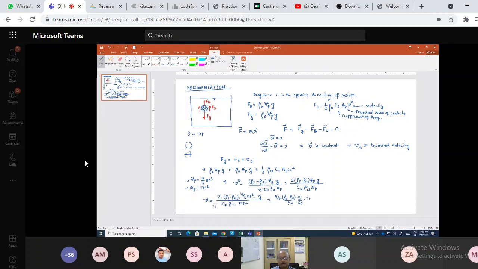And so this is the root over, okay, and this comes into 4 because this is V square, right?